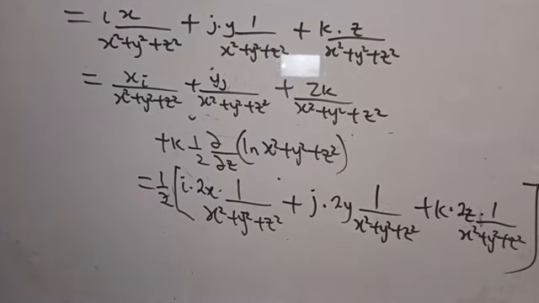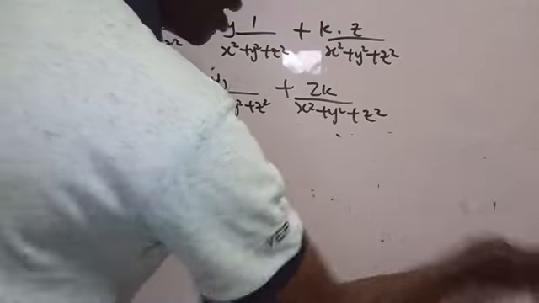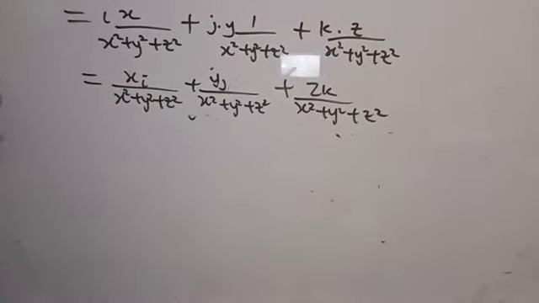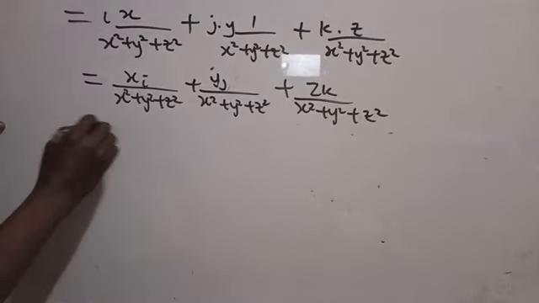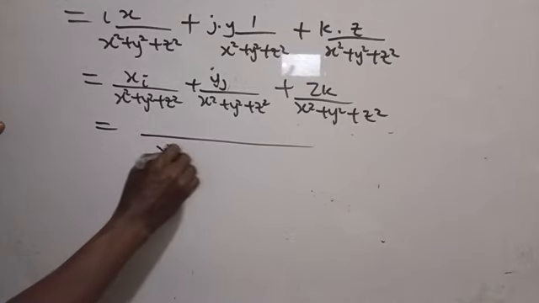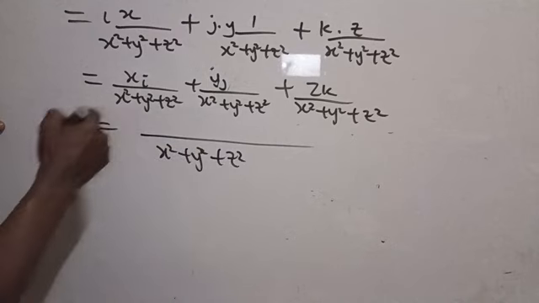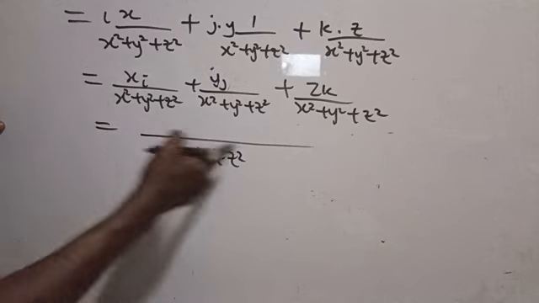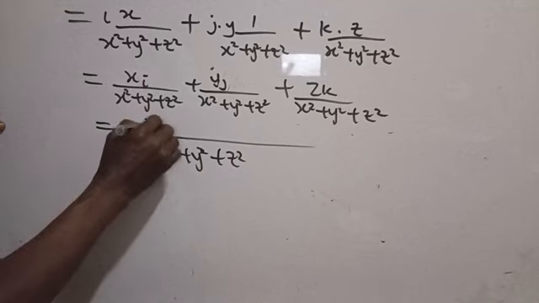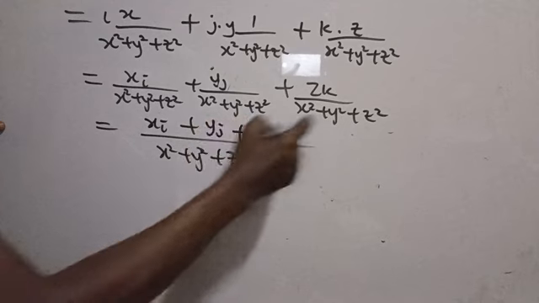Okay, now you can sum up everything since the denominator is the same. So you can add everything together. Our denominator is x squared plus y squared plus z squared. So everything, x squared plus this is xi plus this yj plus this zk.